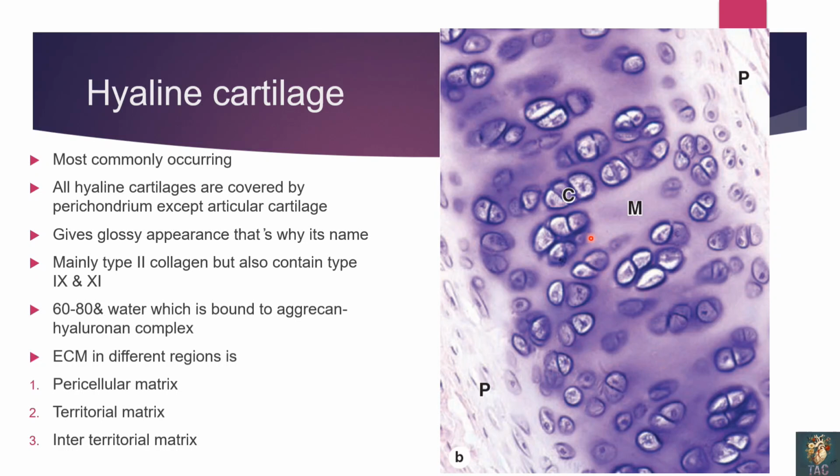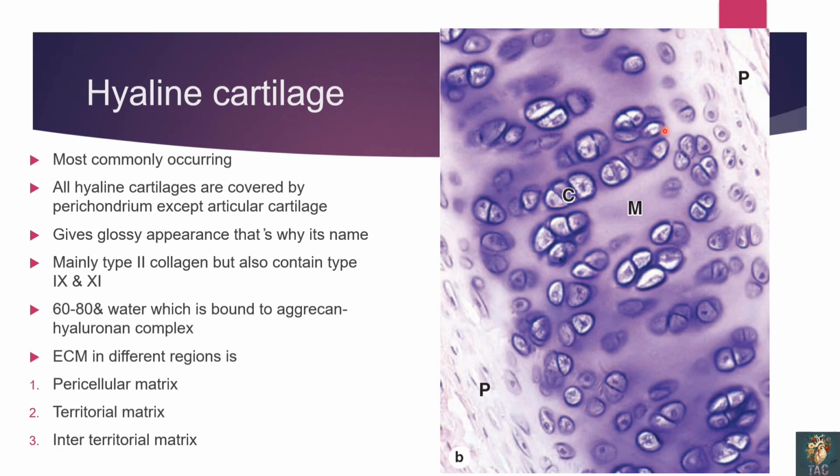So these collagen fibers are very thin, and we cannot see these collagen fibers in the light microscopy, and because of the other components of the extracellular matrix, this gives a glossy appearance to the ground substance, to the cartilage, and that is why the name hyaline cartilage is taken from the word hyalos, and hyalos means glossy.